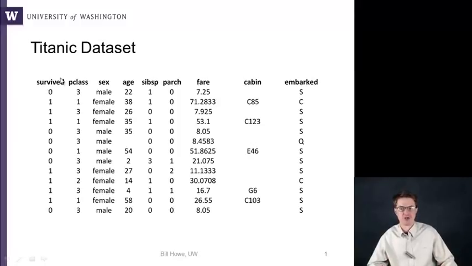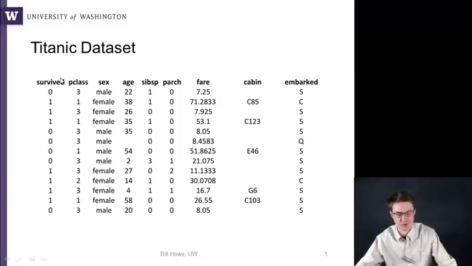Okay, so this is one record for each passenger on the Titanic, or in the training set, a subset, along with various attributes that describe that passenger and whether or not they survived the sinking of the ship. The columns here are survived, which is given as 0 or 1, 0 meaning they did not survive.